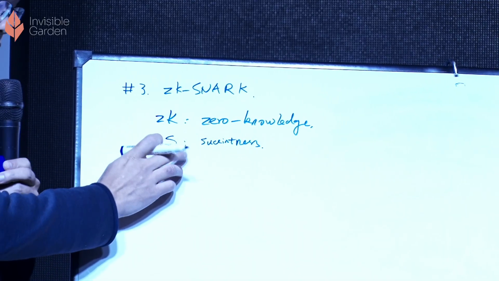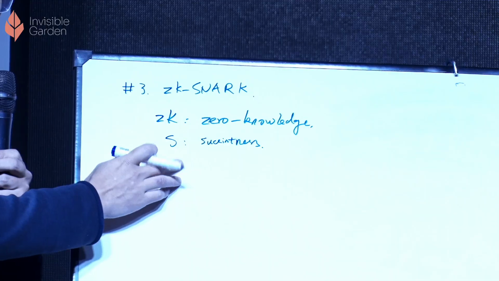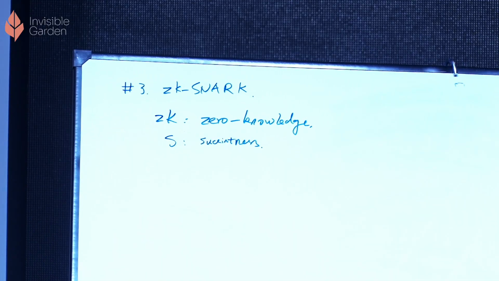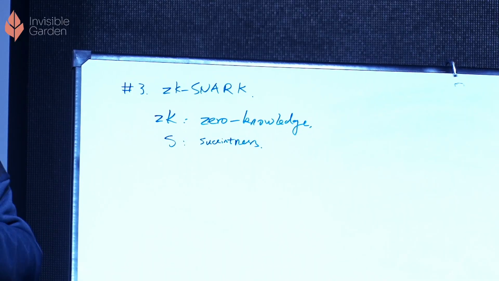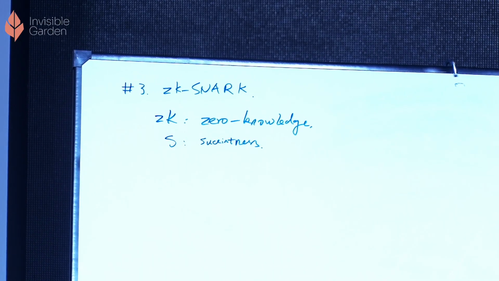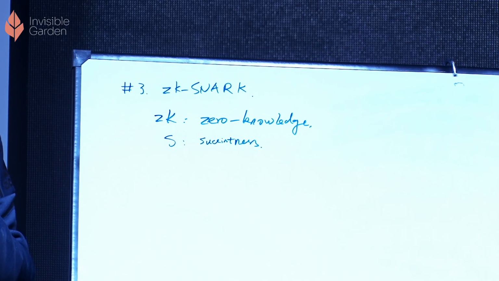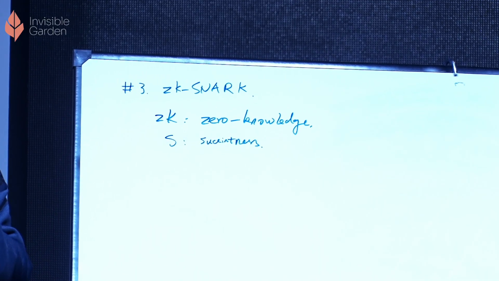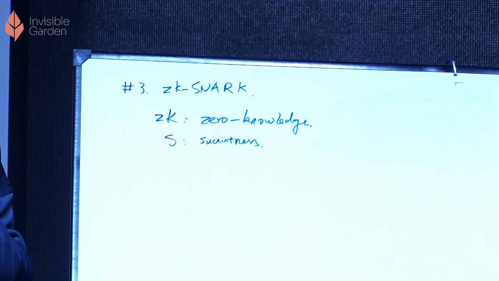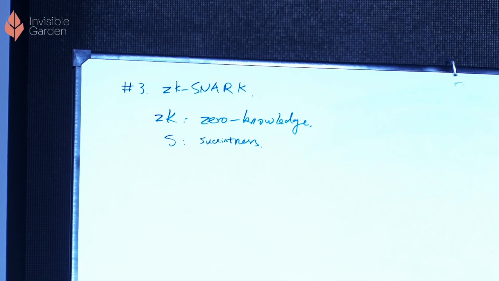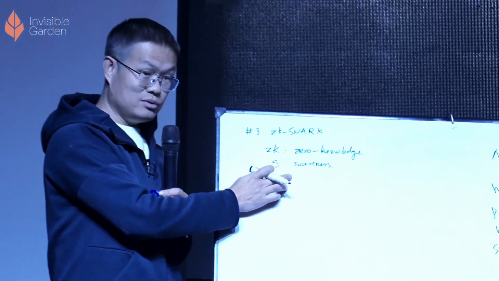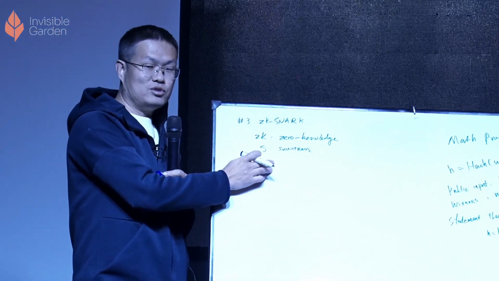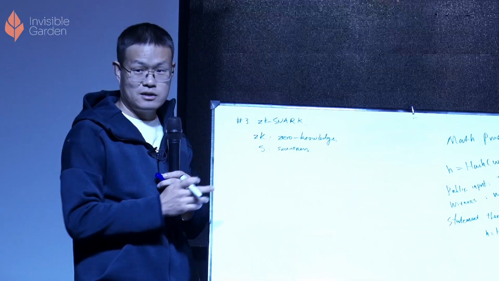Why is the succinctness of S so useful in crypto or blockchain? Because basically we can compress a huge computation. For example, for a circuit of 1 million or 1 billion size, we can create a much smaller proof. That means the verifier, because the smaller the proof, the less computation consumed by the verifier.